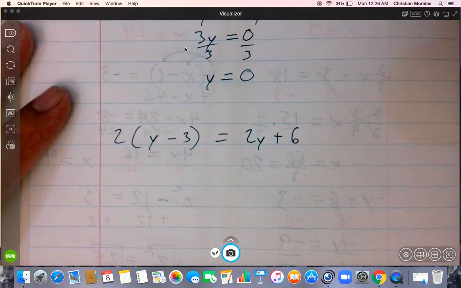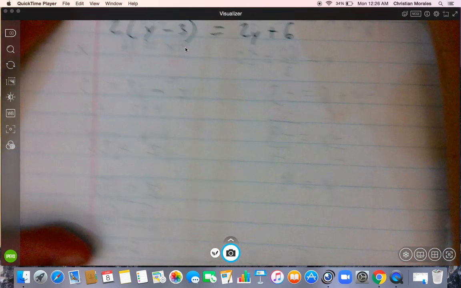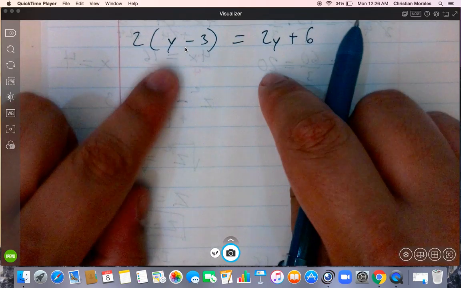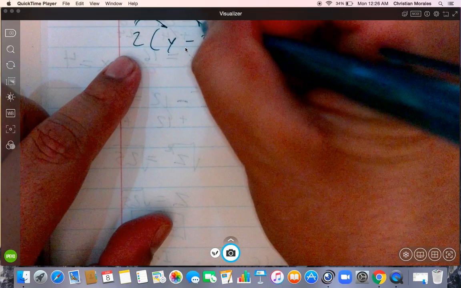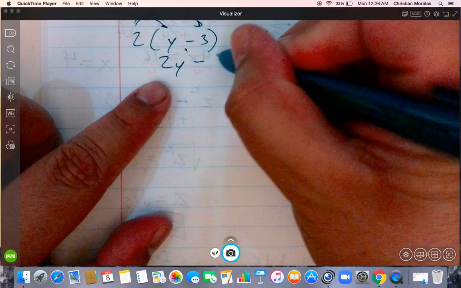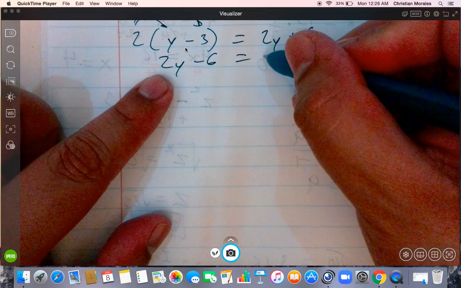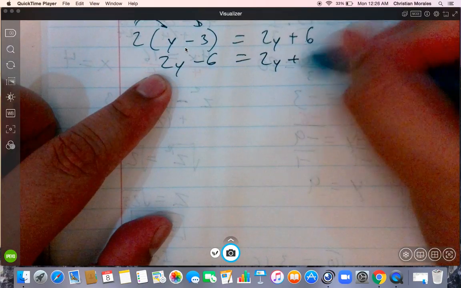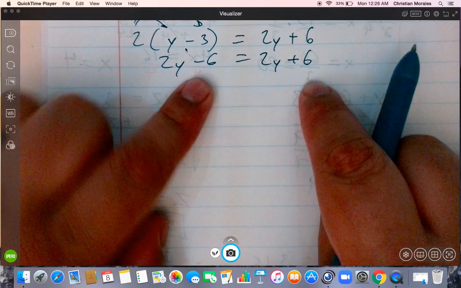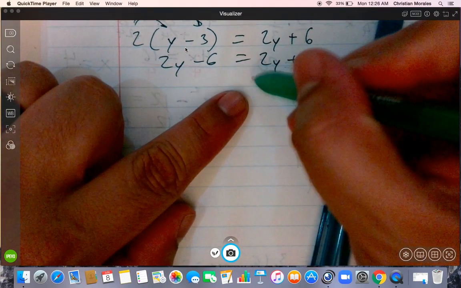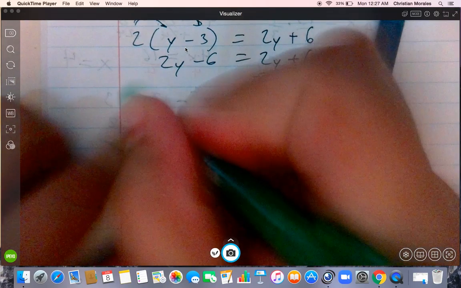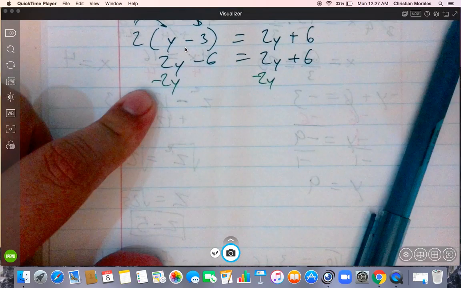All right, so here, when you distribute this, you would get 2y minus 6. Here you get 2y plus 6. Now, the 6's will not cancel out. In this case, what will happen when you try to put the y's together, the y's will cancel out.